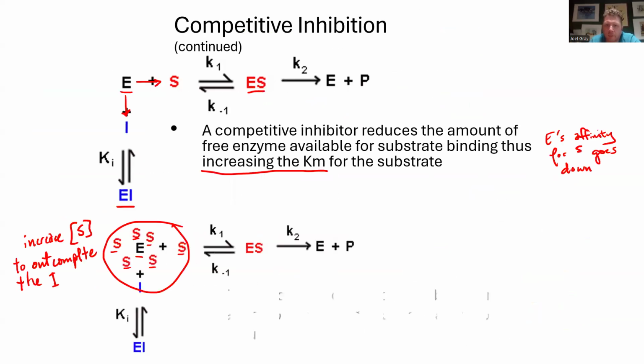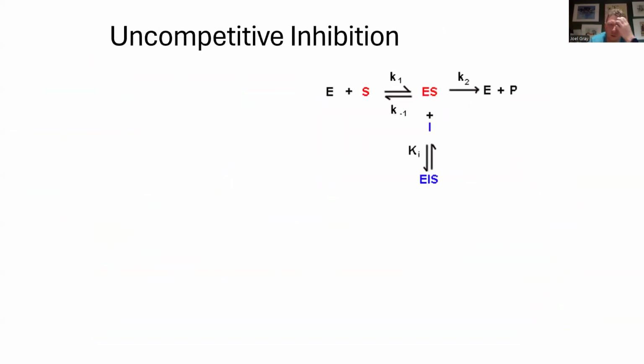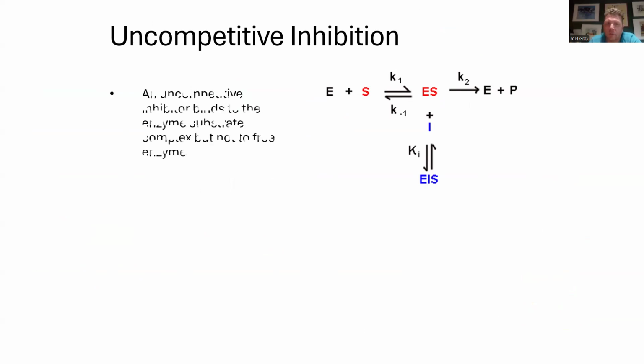So let's move forward. Let's go back to this slide right here. Uncompetitive inhibition. The ESI or EIS complex is going to form. EI is not going to form. An uncompetitive inhibitor binds to the enzyme substrate complex, but not to the free enzyme.